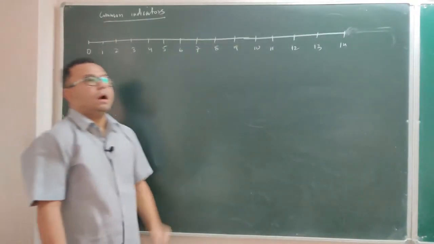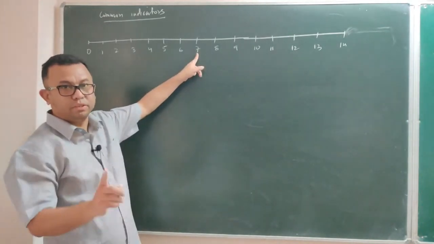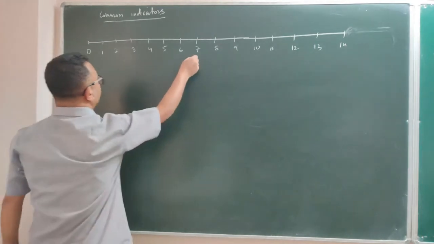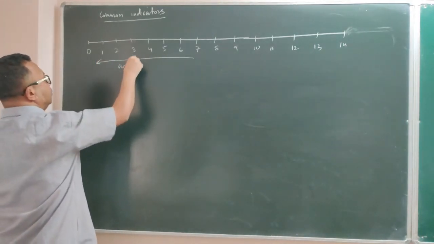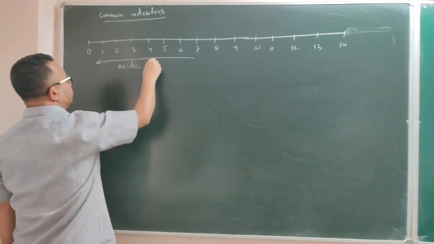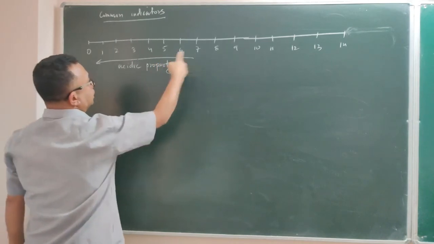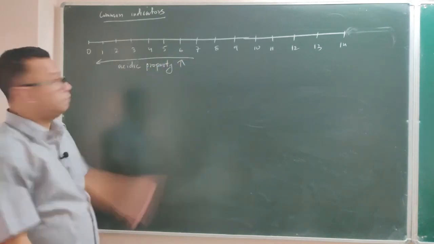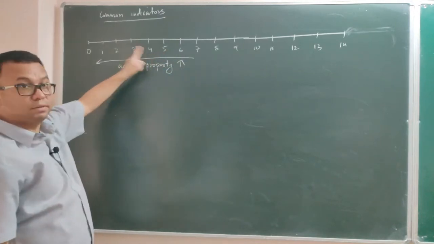Now how do you identify anything? I told you about water, 7, so that means it is neutral. As you move from 7 towards 0, the acidic property increases. That means 6 is acidic, but 5 is even more acidic than 6. 4 is even more acidic, 3 is even more acidic than 4.